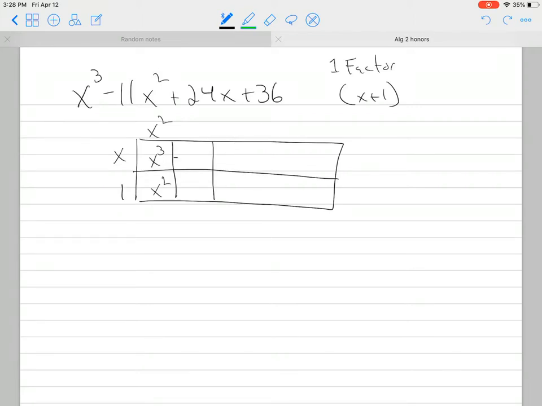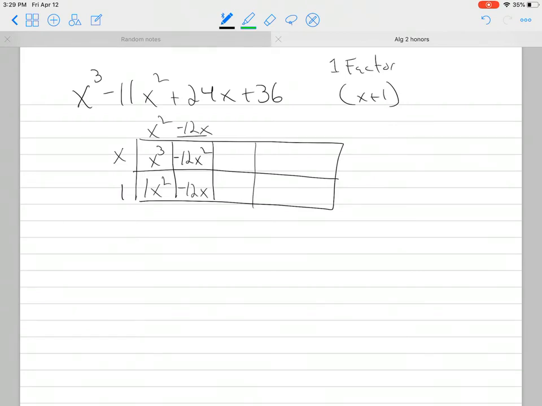So for this to be -11, this needs to be a -12 x squared. Right? So that means this spot right here needs to be -12x. Yep. And that means this spot here is -12x. Cool.